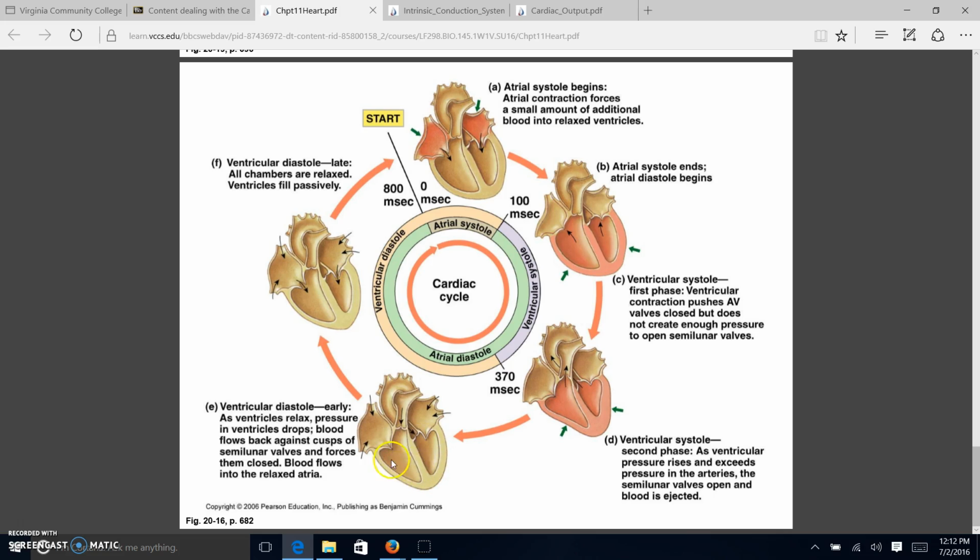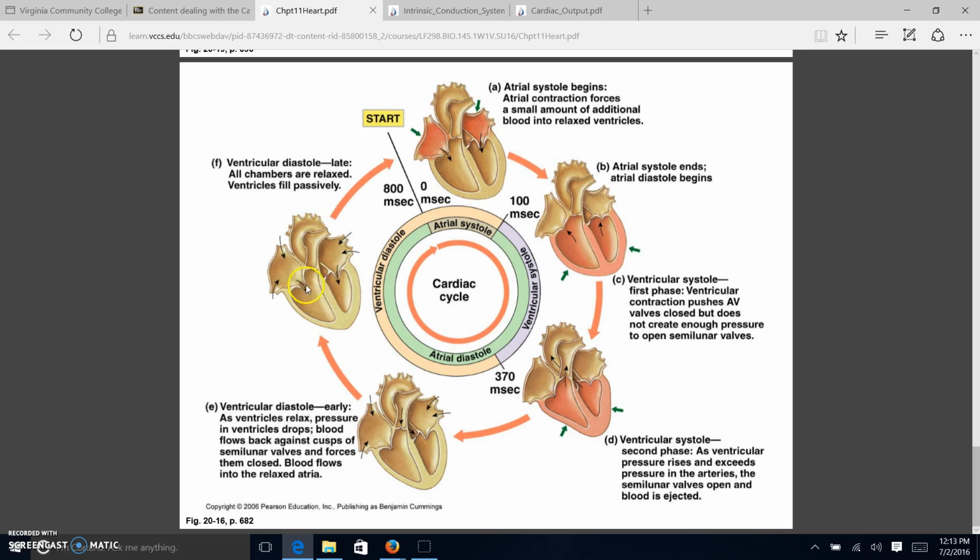Okay, now as my relaxation continues, remember, I'm still going to have blood coming in through my superior and inferior vena cava and from my pulmonary veins. As that blood comes in here, it builds up enough pressure to open up this valve. Notice how it's open now, and open up this valve. Notice how it's open now. Again, everything's relaxed, but blood is still continuing to come in. So that pressure of the blood opens up those valves, and it starts passively filling up the ventricles again, even before any contractions take place.